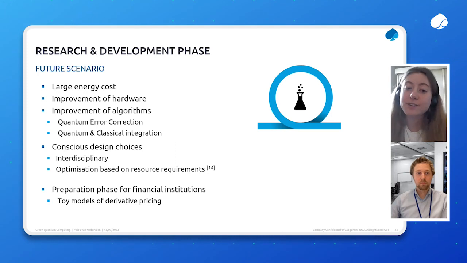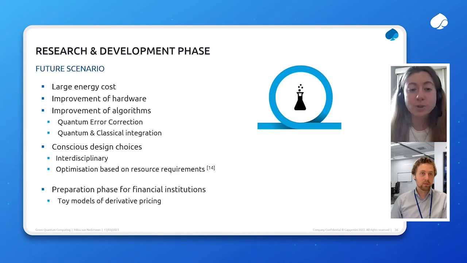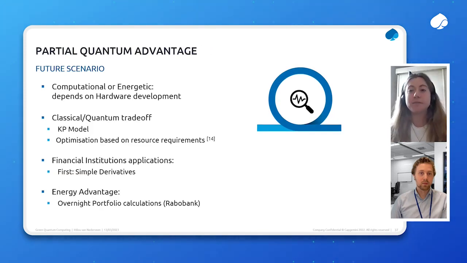At the same time, specifically for derivative pricing, this is a preparation phase for financial institutions. It's already important to prepare themselves and to investigate toy models of derivative pricing on a quantum computer in order to prepare themselves for the next phase, which is the partial quantum advantage.